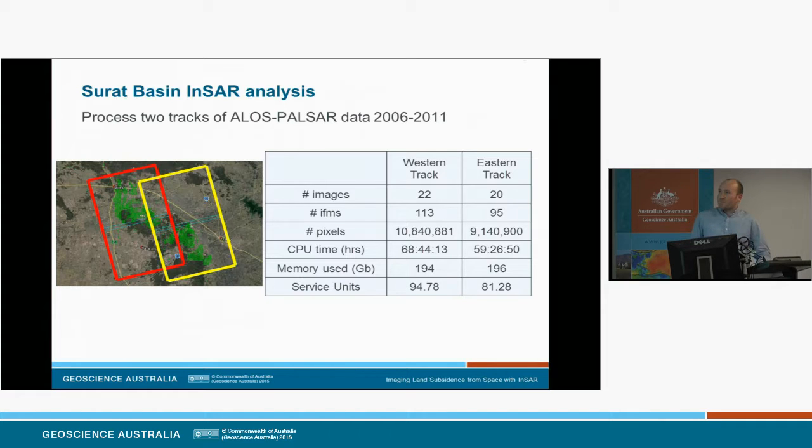So for the two tracks, the west and eastern track, we had a total of 22 and 20 images, and from those images we formed interferograms numbering 113 and 95. So we form lots of different interferometric combinations between the different images. And that arises with total numbers of observations exceeding 9 or 10 million.